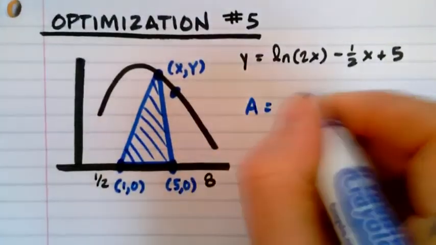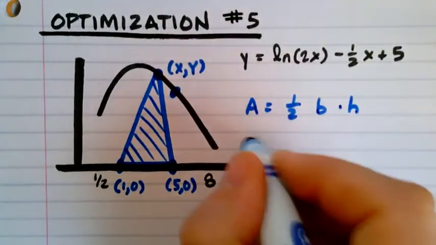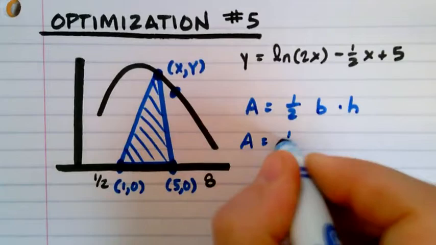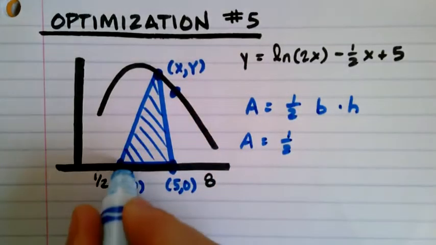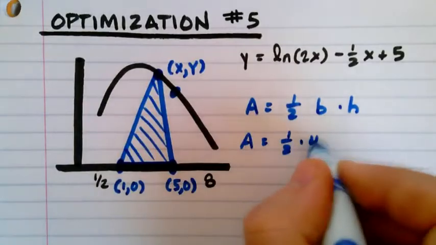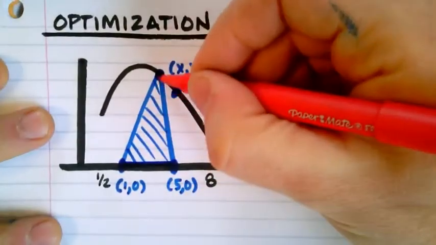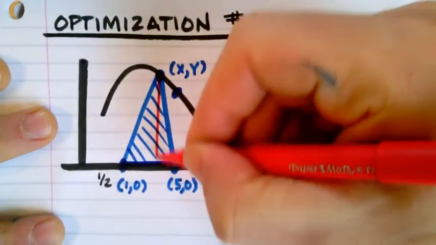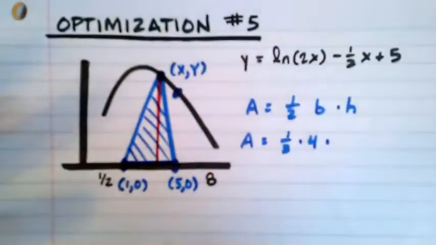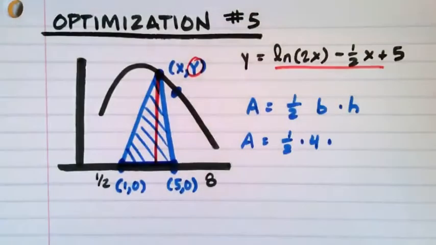An area is always equal to 1/2 the base multiplied by the height. And in the case of this problem, the base is this distance right here, which is just 5 minus 1, so it is 4. And then the height is this distance right here, which is just equal to the y value, which is this thing.